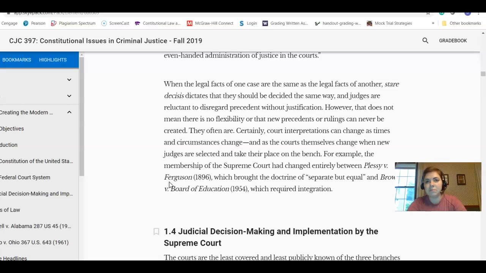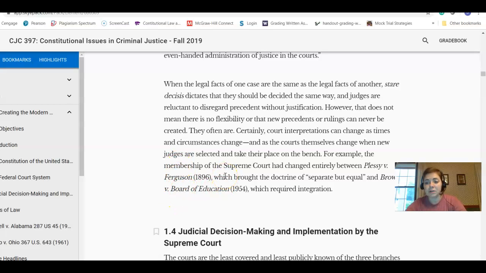This allowed Jim Crow laws to thrive and flourish, and it essentially was a new type of slavery for people who were non-whites. And that doctrine ruled until 1954, when the Supreme Court explicitly overruled it in Brown versus Board of Education. We're going to look at both of these cases towards the end of the semester.